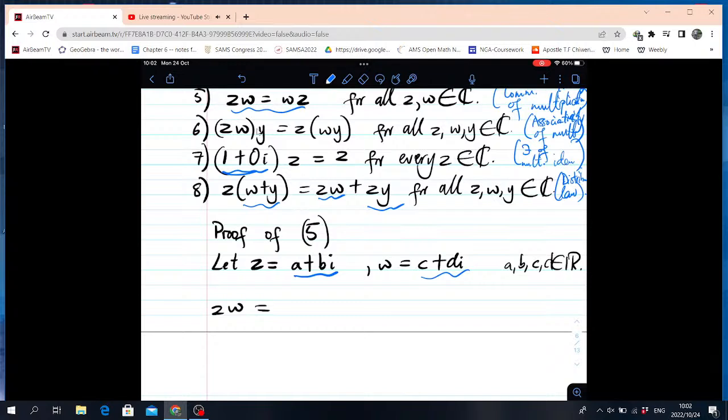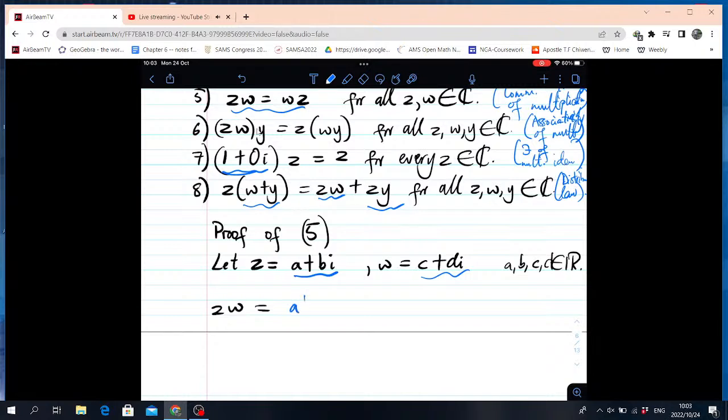So let's look at the proof of property number 5, commutativity of multiplication. You start by saying let z be equal to a plus bi, and w be c plus di. For us to find out if these are going to be equal, we just have to do the multiplication.